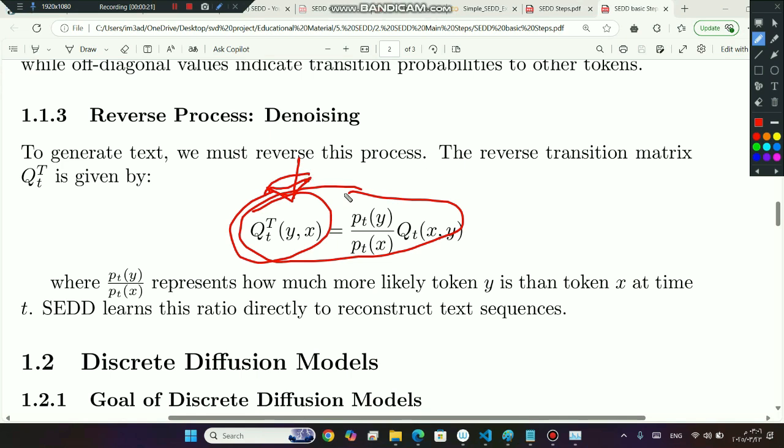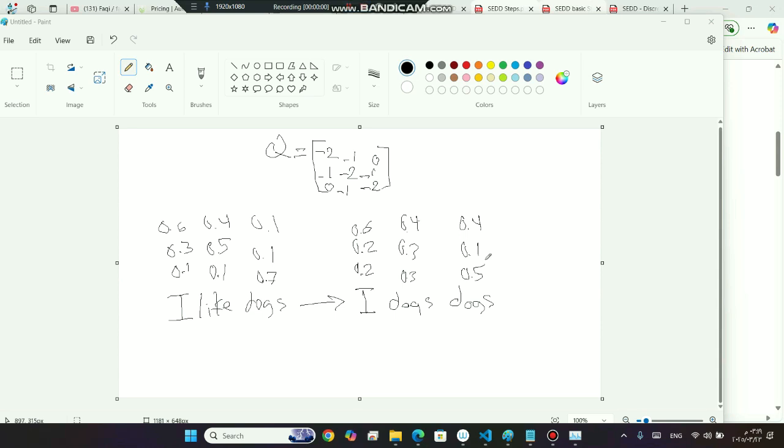The nice thing is that we can evaluate this matrix by multiplying the ratios which we are predicting by the Q matrix, and I will tell you what the Q matrix is. But this is a sneak peek into how we will use those ratios: to evaluate a matrix that is the foundation for performing the backward step.